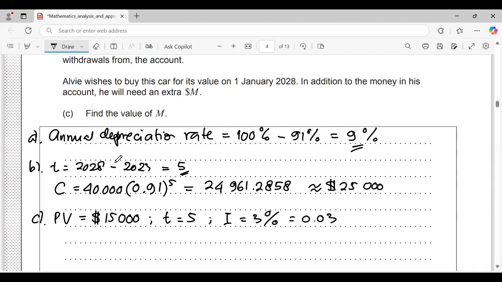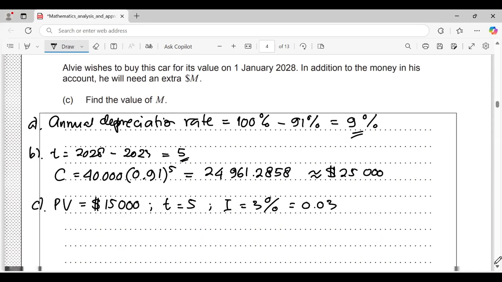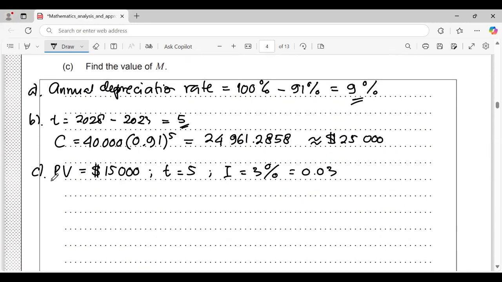According to the compound interest formula, A equals PV times 1 plus R to the power T. A is the amount in the account after T years, which is 5. PV is the initial investment, 15,000 US dollars.